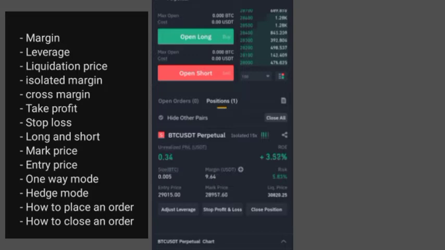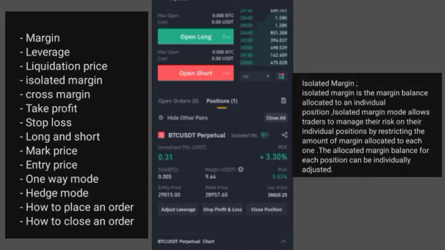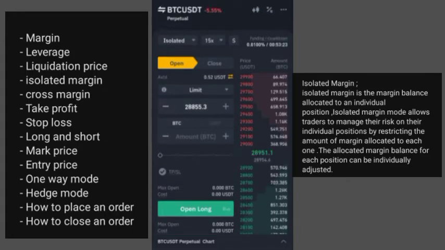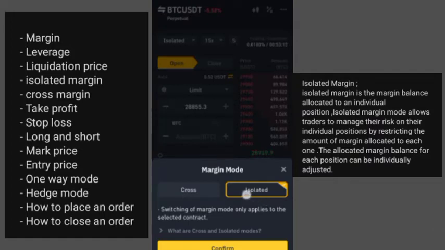So the next is the isolated mode. If you move up here, before you enter your trade, you click on this bar and you see isolated and cross margin mode. Isolated mode is the margin balance allocated to an individual position, which allows you to manage the risks in that position.